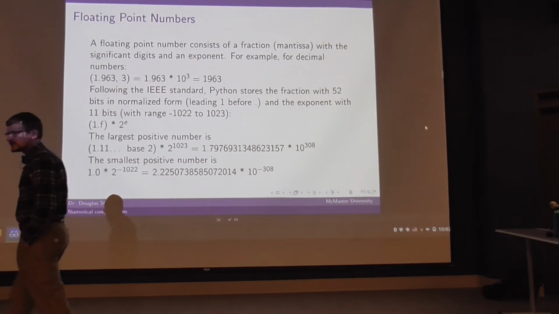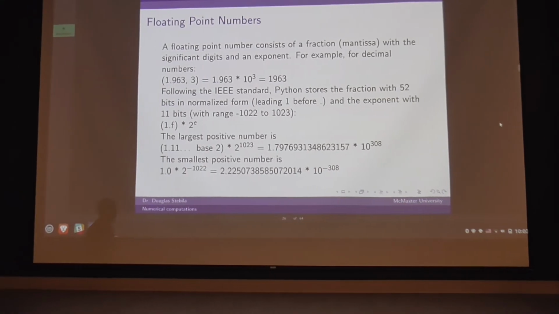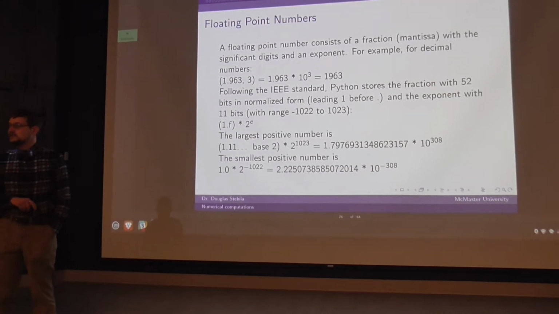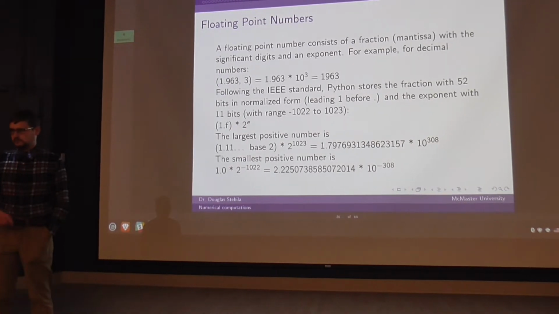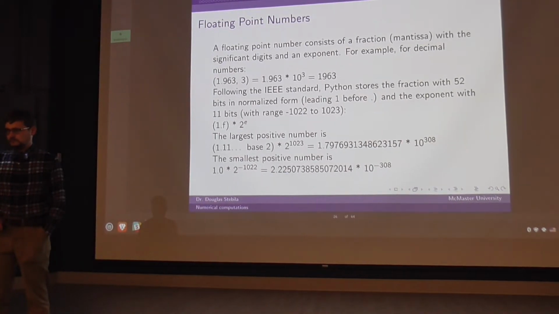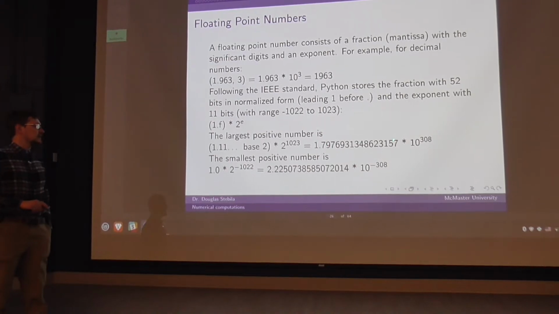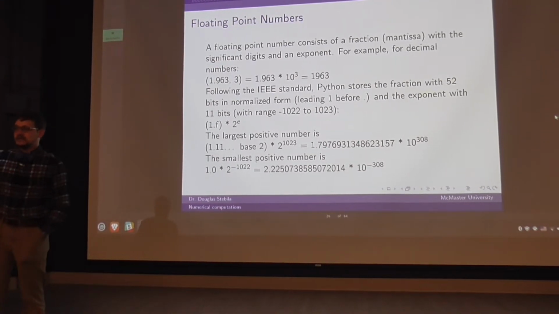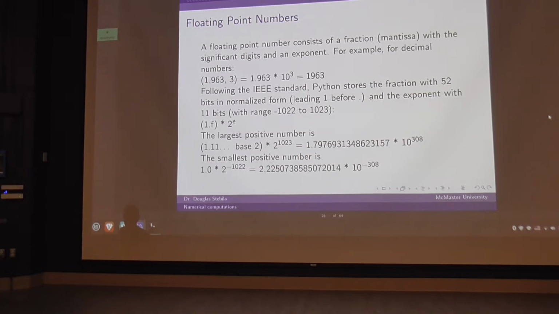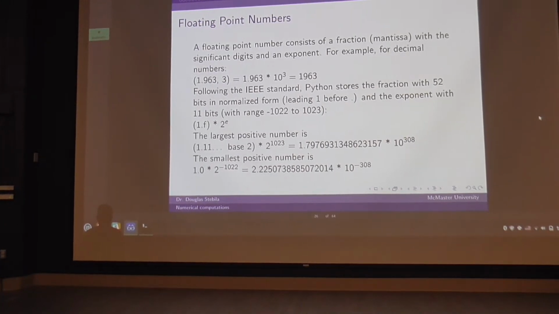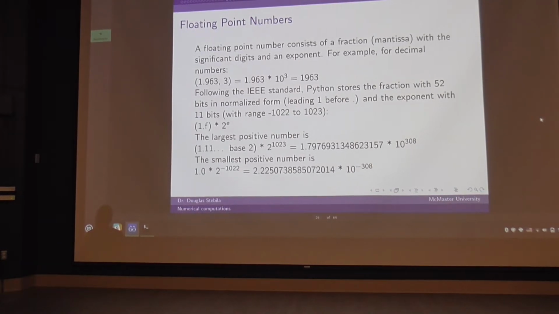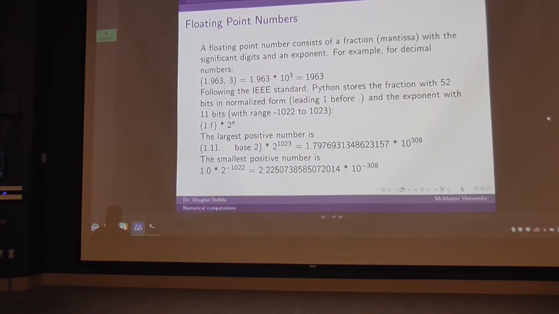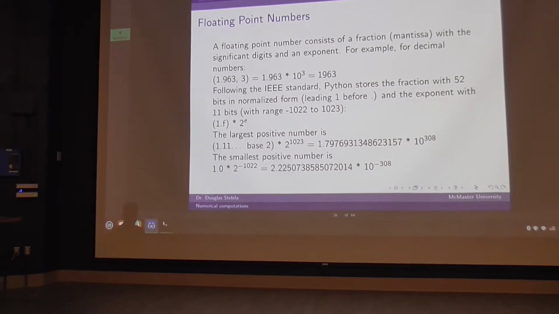What do you think happens in floating point arithmetic if we add 1 times 10 to the 0 to this number? Keeping in mind that it's claiming to keep track of over 300 decimal digits here. Yes? It wouldn't be counted. It would fall off at the end of the universe.